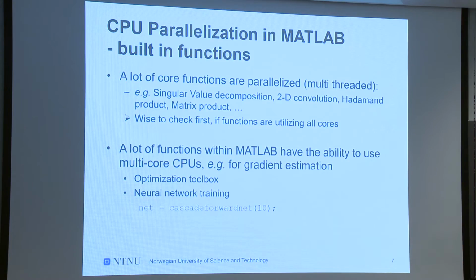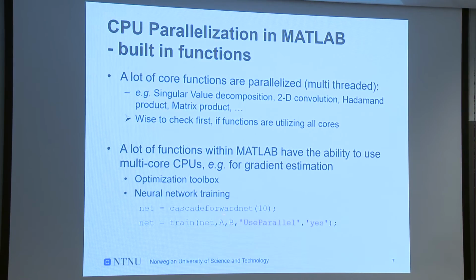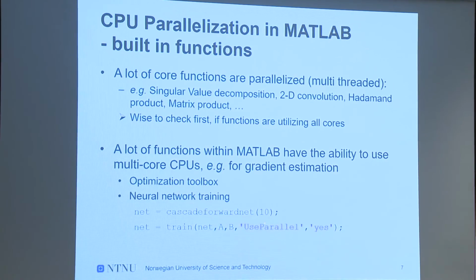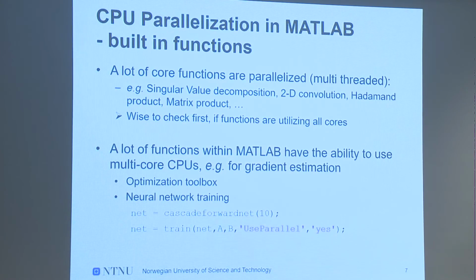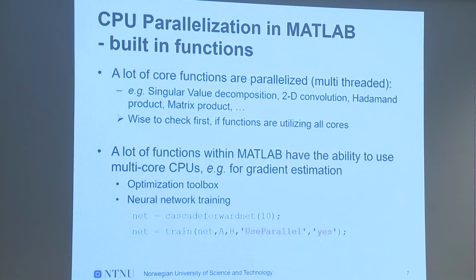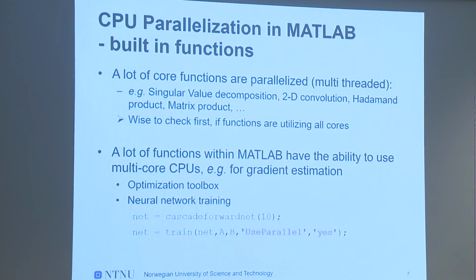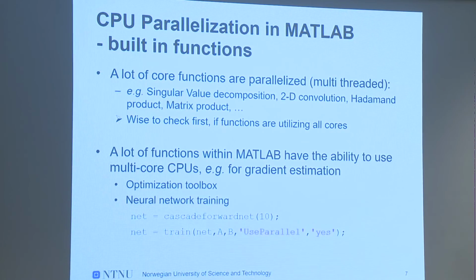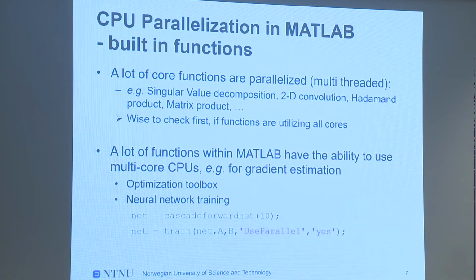If we want to train that from a function A to B, the function is net train A to B. Here it's the same thing, you append use parallel, but as MATLAB is somehow not synchronizing the commands, it's yes, not true. These things you always find inside MATLAB. Point is, you can gain with that, and these things are really easy to implement in your code.